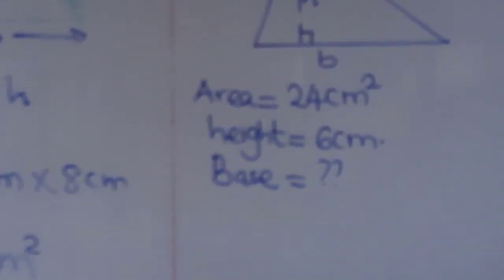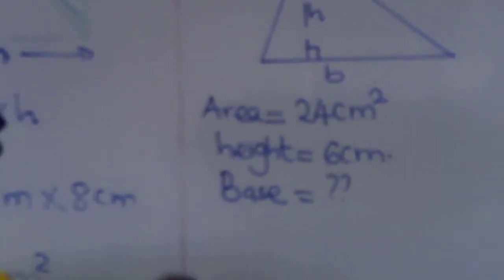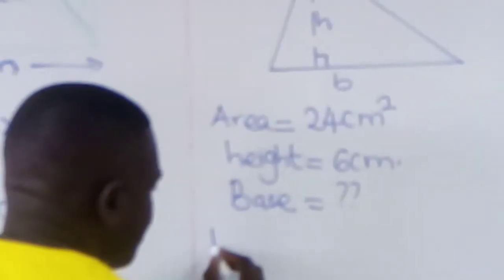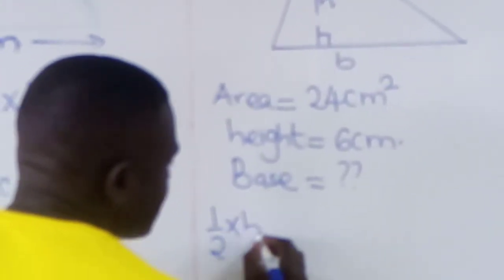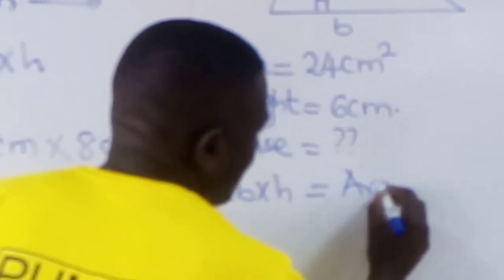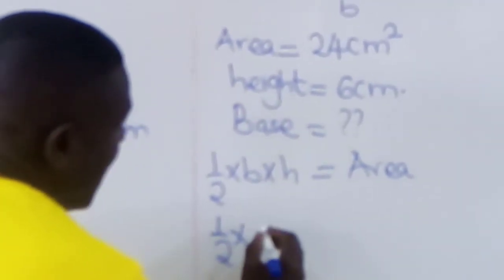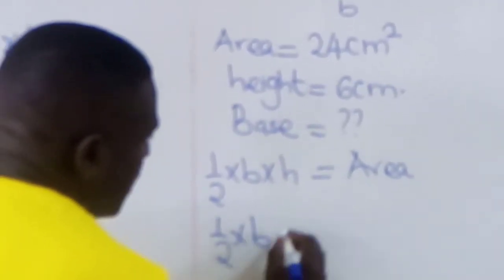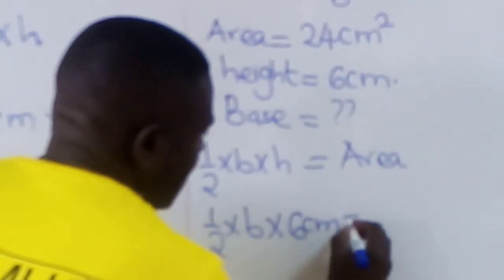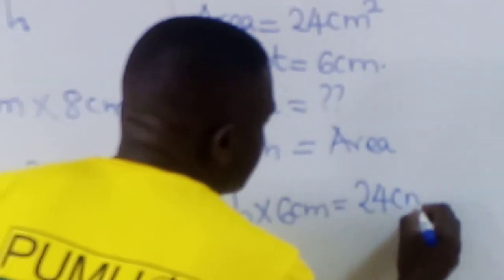Remember, the formula for finding the area of a triangle is half times base times height. So we say half times base times height is equal to the area of that triangle. So a half times the base, which we don't know, times the height, which is 6 centimeters, is equal to the area, which is 24 centimeters squared.